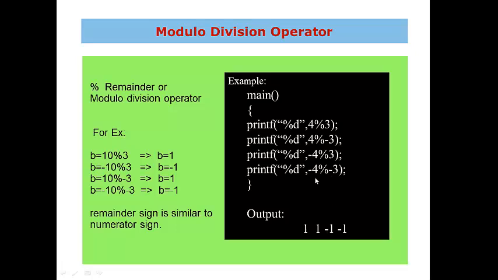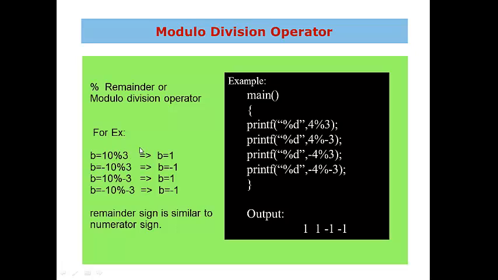Minus 4 modulus minus 3, the remainder considers only the numerator sign. So minus 1. In this example also, 10 modulus 3, the remainder is 1. Minus 10 modulus 3, the result is minus 1. The quotient sign considers the numerator and denominator signs combined.